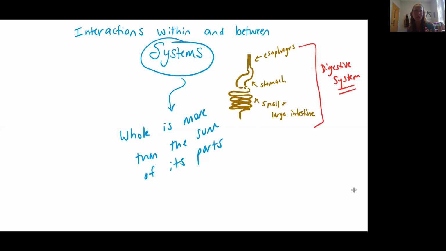Your pieces and parts here would be your organs, esophagus, stomach, small and large intestine. So by themselves, they each have their own jobs and functions, but when you look at how they coordinate together in order to obtain nutrients from our food, then you're looking at something completely different. And then, of course, this system is interacting with other systems in our body.